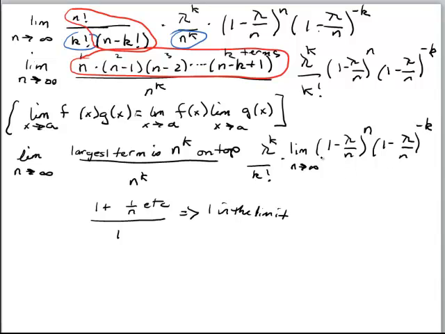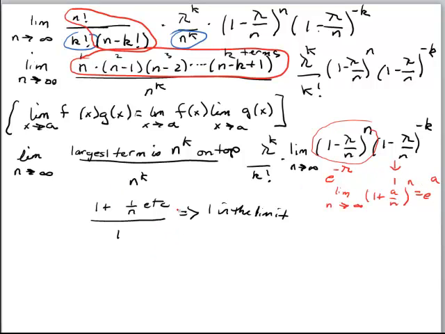So this one right here, I'm going to circle that in red, in the limit as n goes to infinity becomes e to the minus lambda. And then this one right here, as n goes to infinity, will go to 1, right? And remember, keep in mind that the limit as n goes to infinity of (1 plus a over n) to the n is just e to the a.